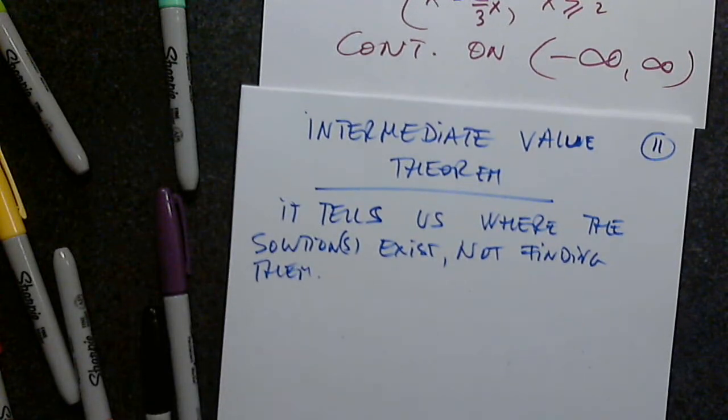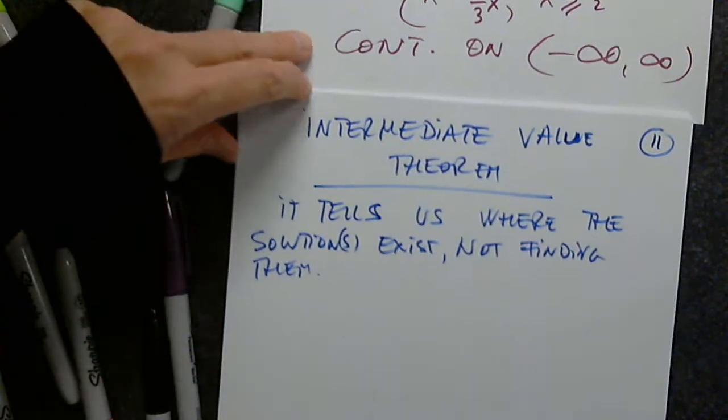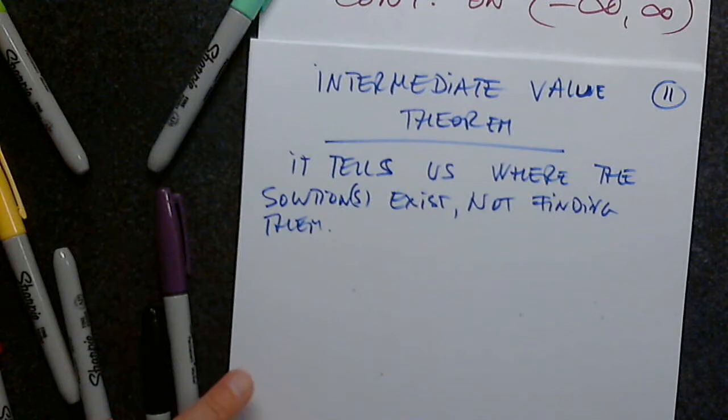Later on in chapter 4, we will be able to find them with as many digits of accuracy as you want. Literally, with as many as you want. Okay, so what is this theorem all about?